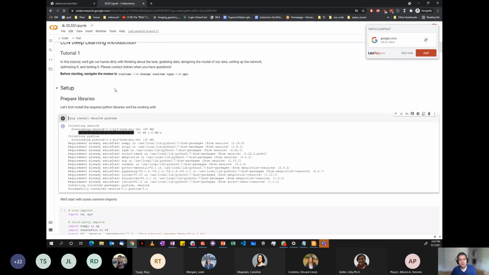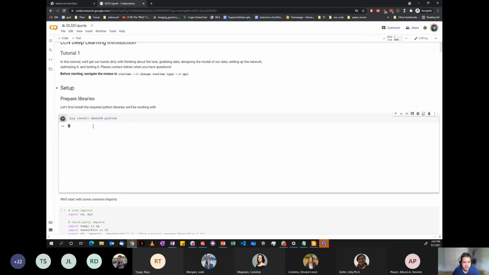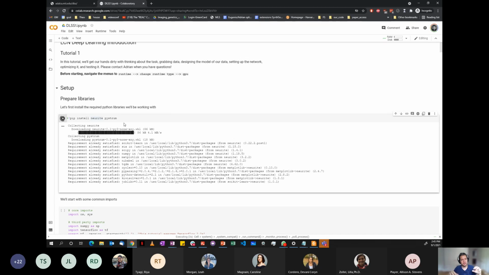Okay, and so we're back here. To run this, I just have to click this little play button, or there's a shortcut; I think Control Enter will also run it. The very first thing that is run will take a little bit because it has to load Python and everything.